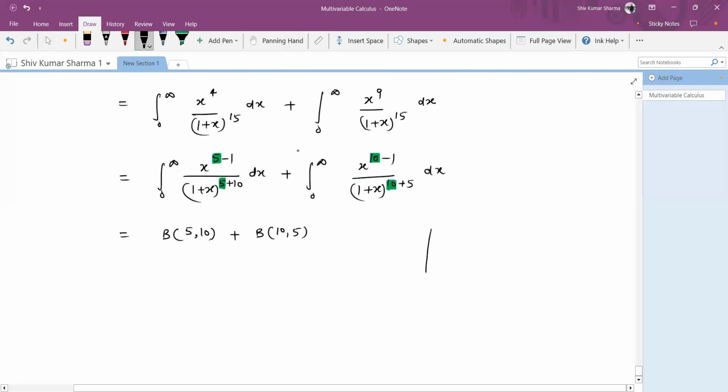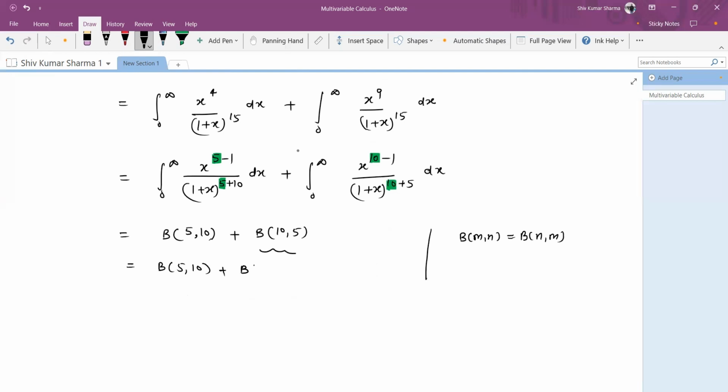Now we know that the relation beta mn is equal to beta nm. So this can be written as beta 5 10 plus beta 5 10, which equals twice beta 5 comma 10.